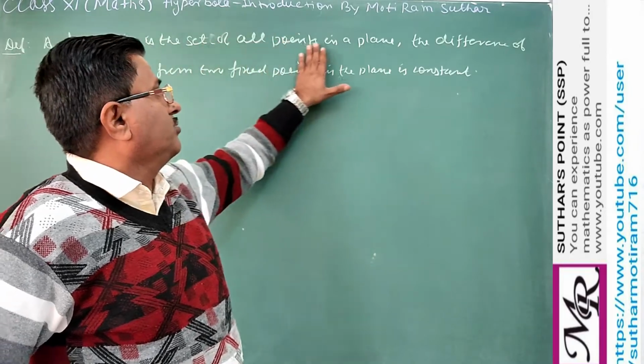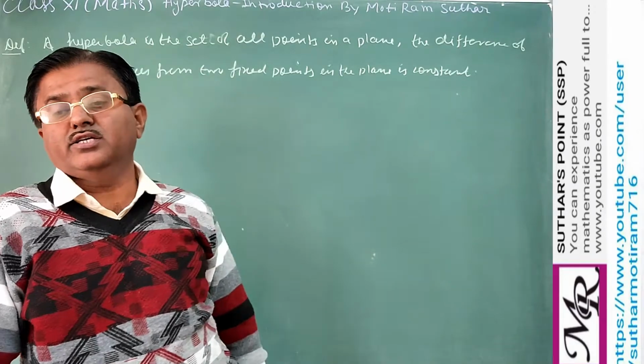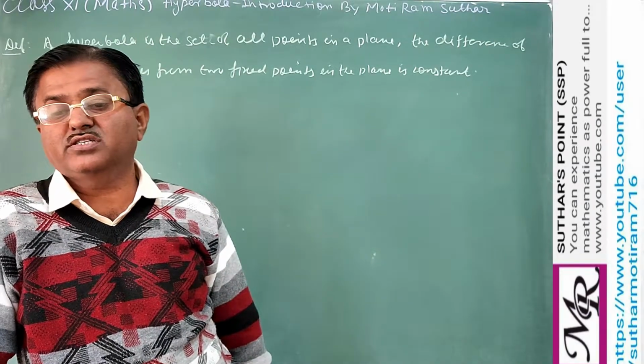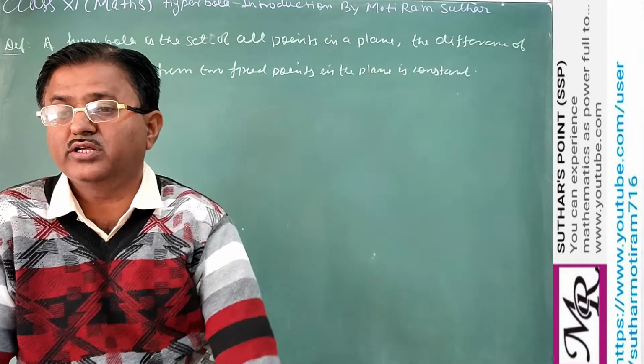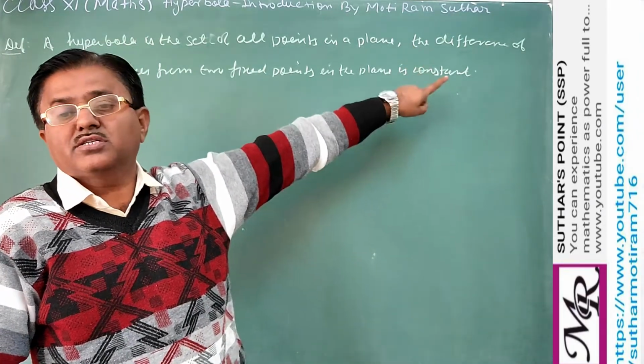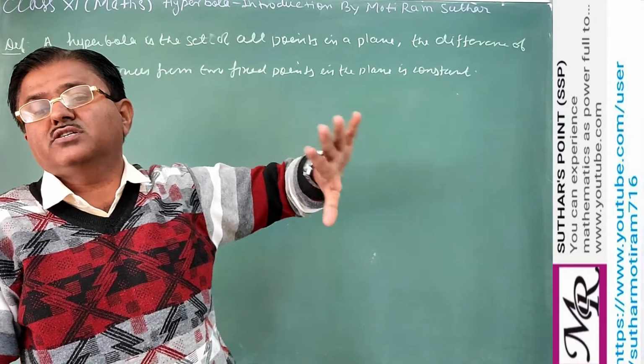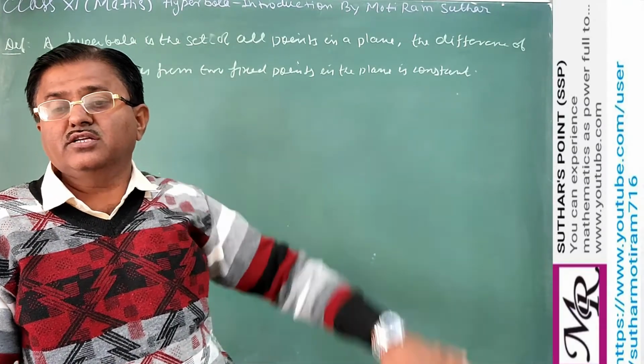As with the definition of the ellipse, the ellipse is the set of all points in a plane, the sum of whose distances from two fixed points is constant. Now, in place of the sum, we have only the difference. So the difference of the distances is constant.